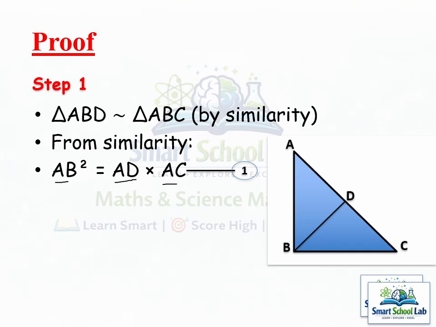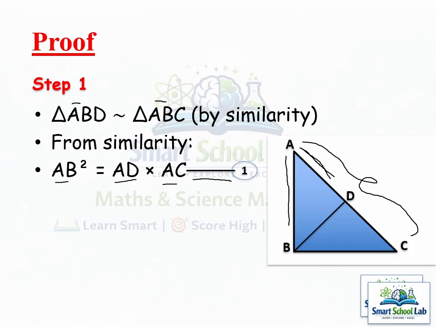From the two triangles you can take AB as common. So AB square is equal to AD into AC, and let us mark this as equation 1.